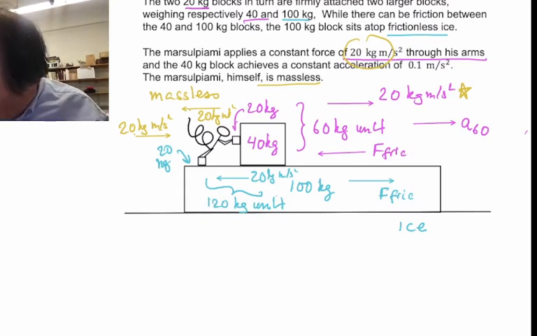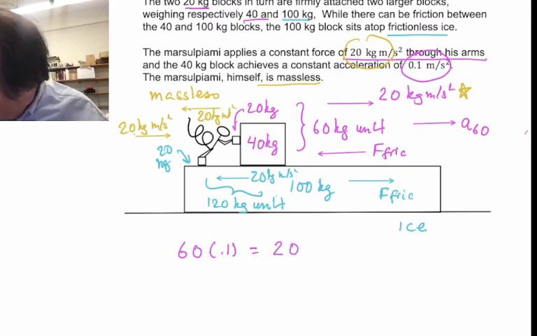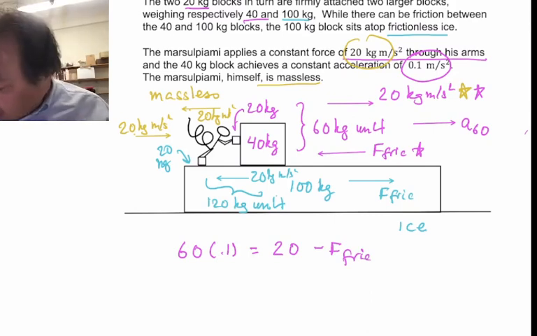So the 60 is accelerating at 0.1 meters per second squared, and moving in the same direction is the 20, and in the opposite direction is F fric. And so that's the equation of motion for the 60 kilogram unit.